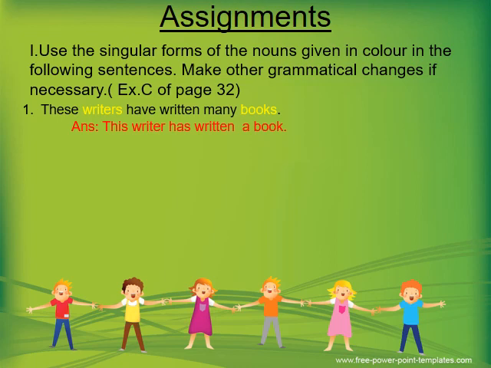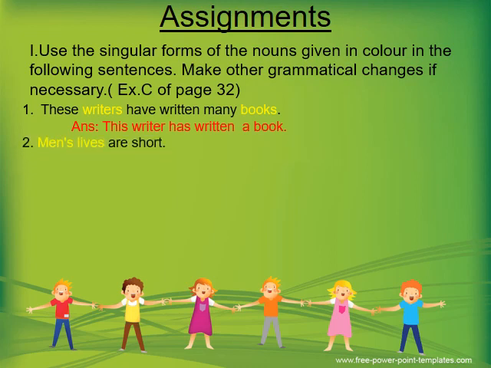This writer has written a book. Now children, in this sentence, instead of these, we have to use this for the singular noun writer, and instead of many, we have to use a for the singular noun book. And instead of have, we have to use has, because has is used for the singular noun.